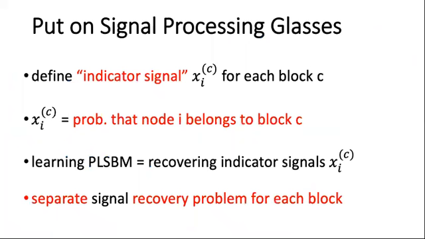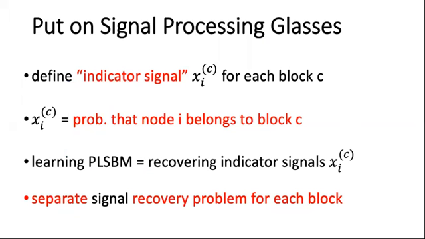So in order to formulate partially labeled stochastic block models within signal processing, we assign each block an indicator signal. So each block is assigned one separate indicator signal.